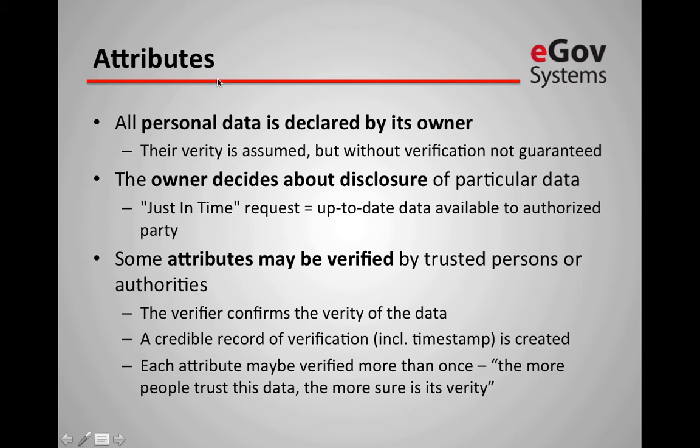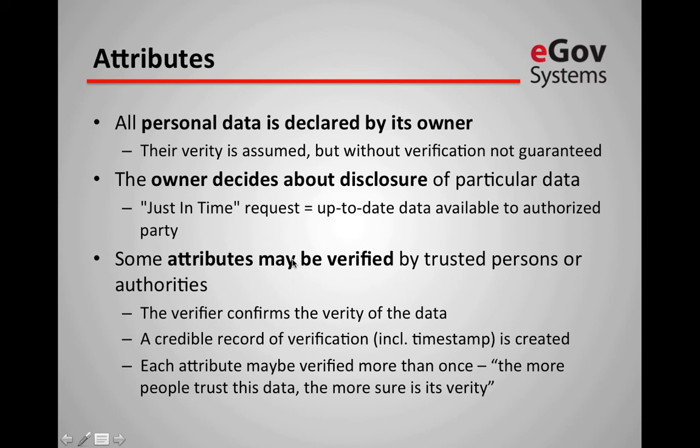Attributes, the private data. Each of the private data is declared by its owner, and it is assumed that it's true, but this is not verified or guaranteed. About each attribute, as I already told, the owner decides to whom this data will be accessible.